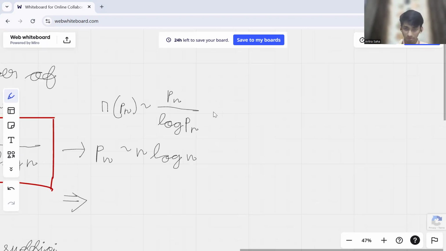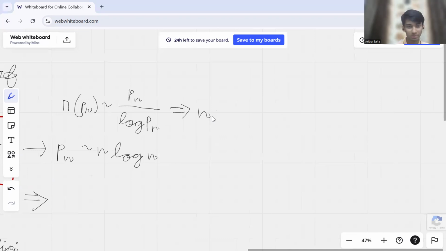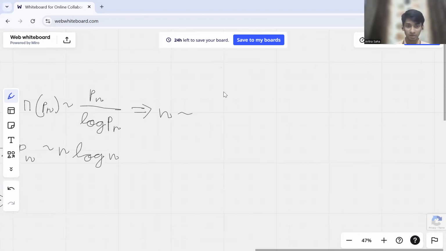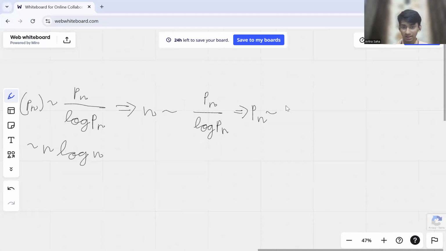So pi of Pn is just n because it is the nth prime. It can be n minus 1, but we don't care here because we don't look for the constant things. It is Pn by log Pn. So if you just see, Pn is actually n log Pn.